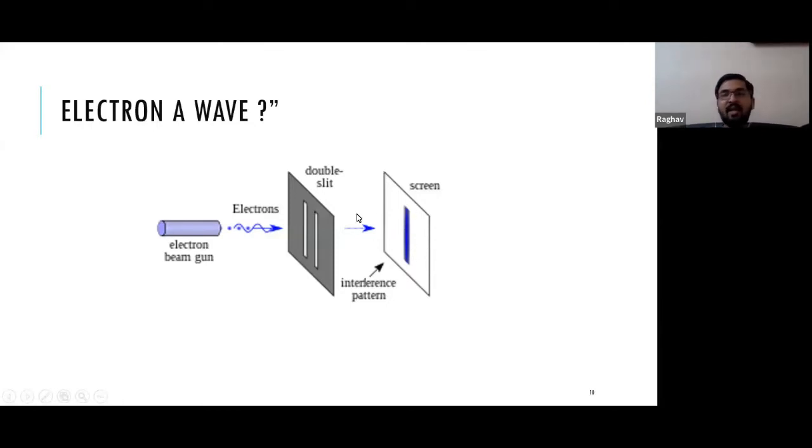So he said, okay, electrons are particles. They can't behave like waves. But later on, Davisson and Germer came with another rigorous experiment. We saw that electrons show diffraction, and that concluded that we have matter waves, or particle-wave duality.